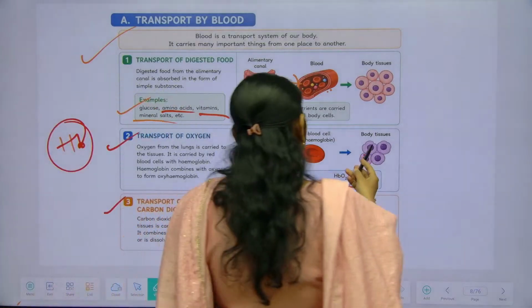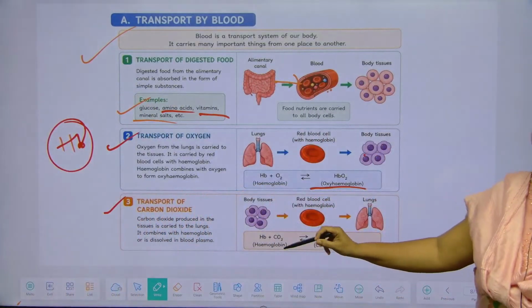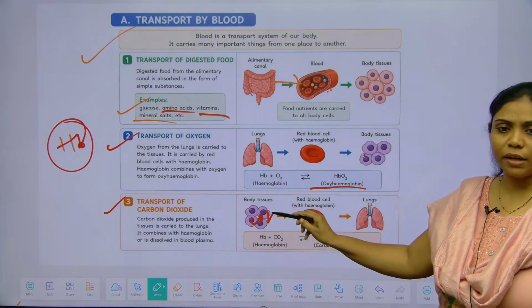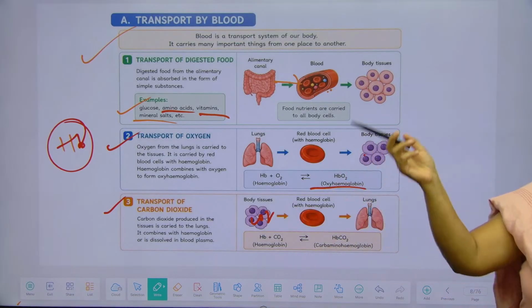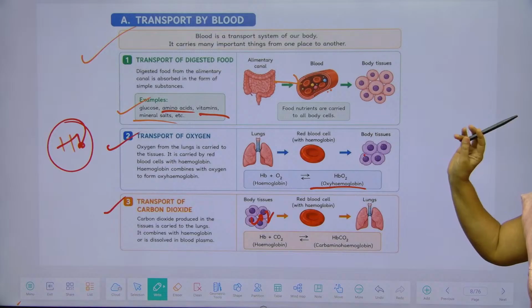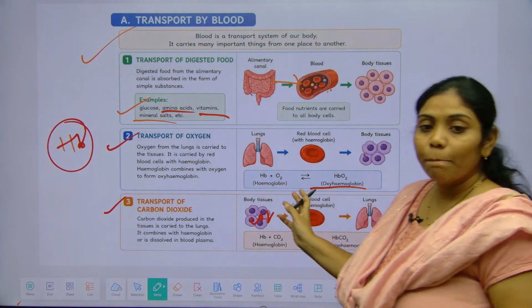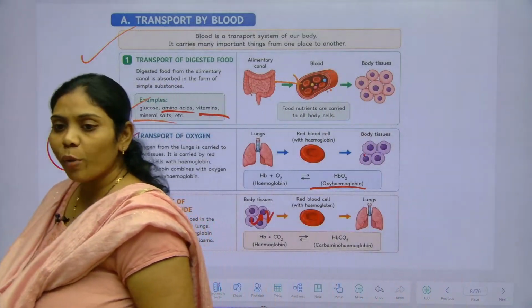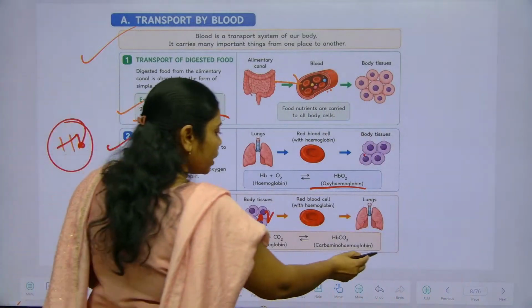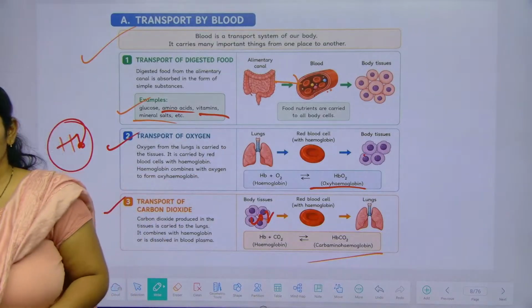Next, transport of carbon dioxide. See, because of the metabolic activities we have already discussed, CO2 will be generated and it also goes out with the help of the blood itself. So this carbon dioxide also binds with the hemoglobin and forms what? Carbaminohemoglobin.